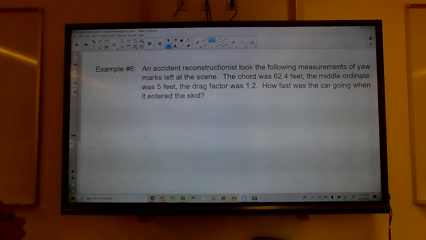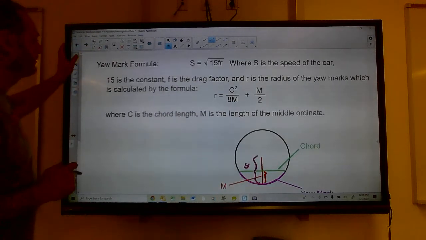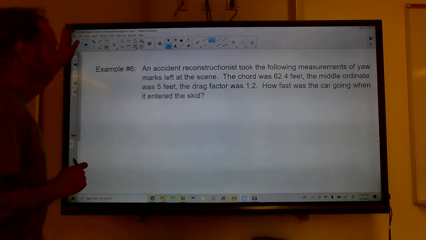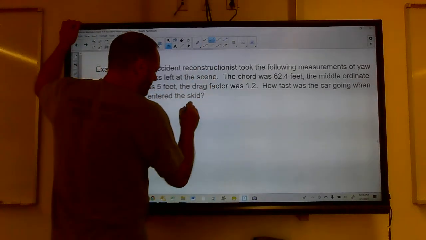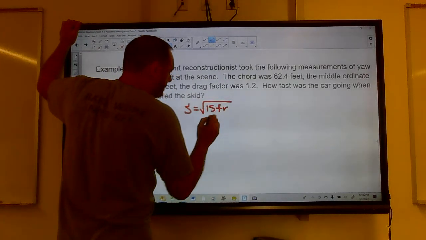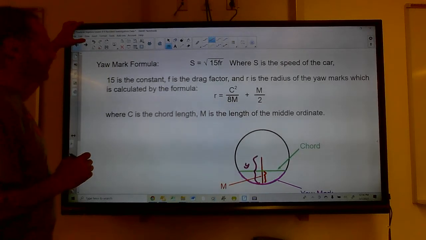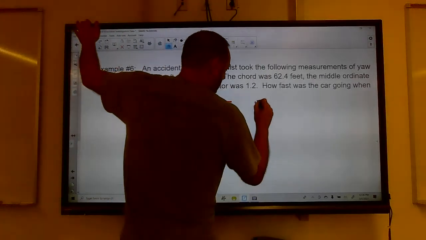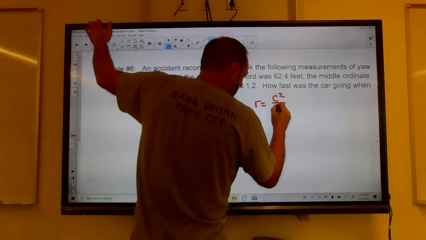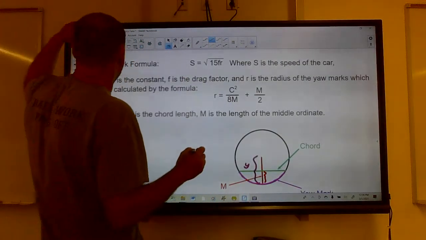So an accident reconstructionist took the following measures of yaw marks left at the scene. The chord was 62.4 feet. So let's get the equations over here. S equals square root of 15 FR, and our other equation is R equals C squared over 8M plus M over 2.